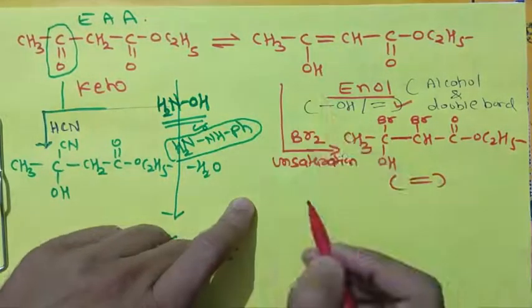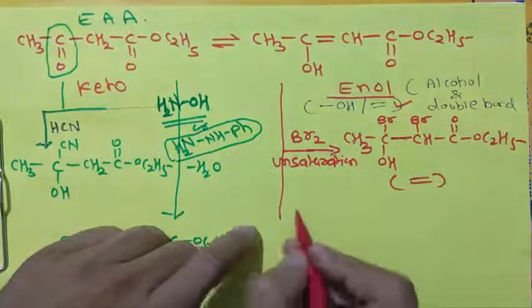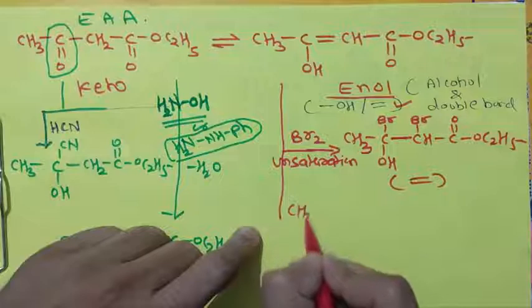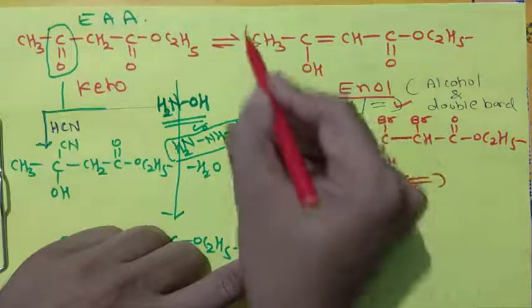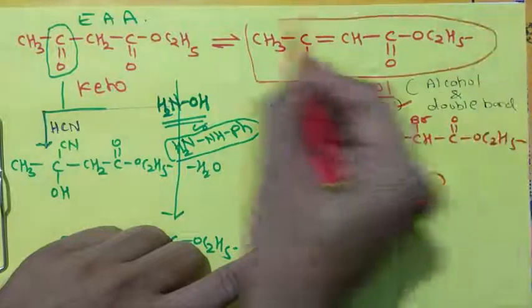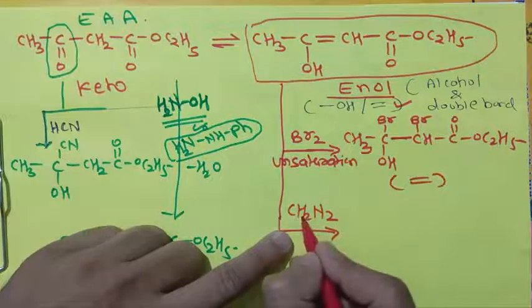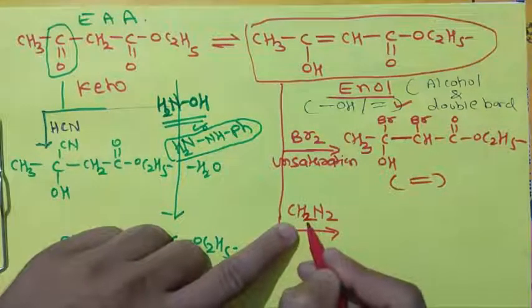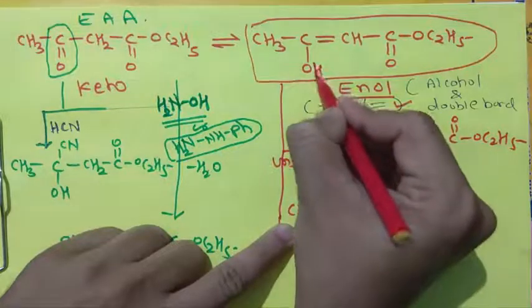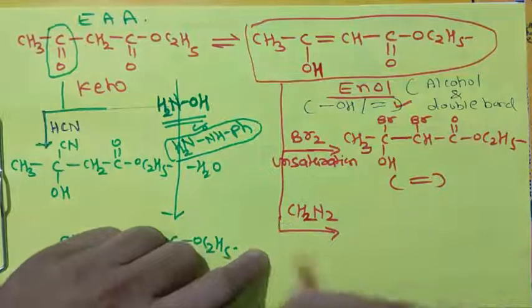Again, this enol form is reacted with diazomethane, CH2N2. It is a diazomethane, CH2N2. This CH2 is reacted with this hydrogen atom, and there is a formation of CH3. What happens here?